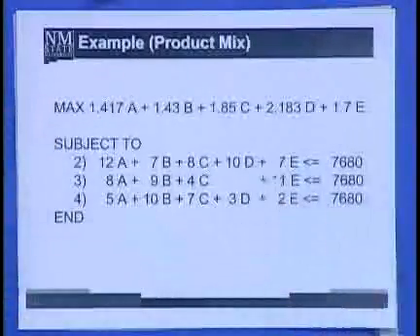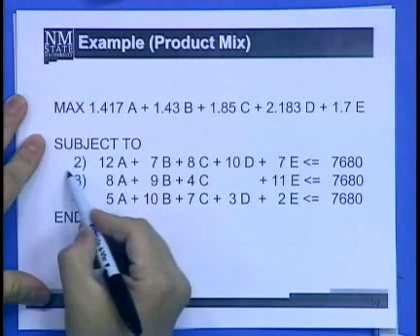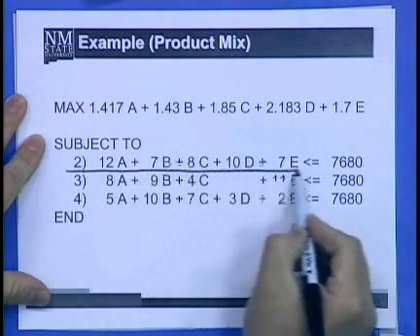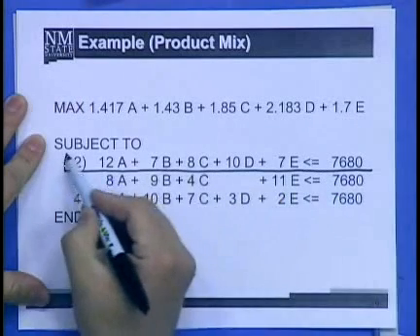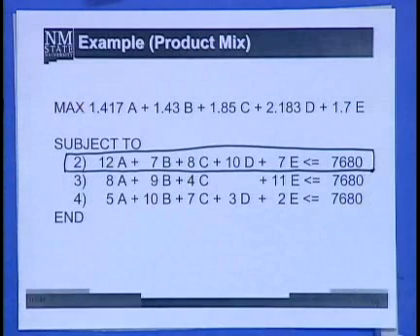So currently, the row number 2 is this, right? Which is about the machine number 1 constraint, right?